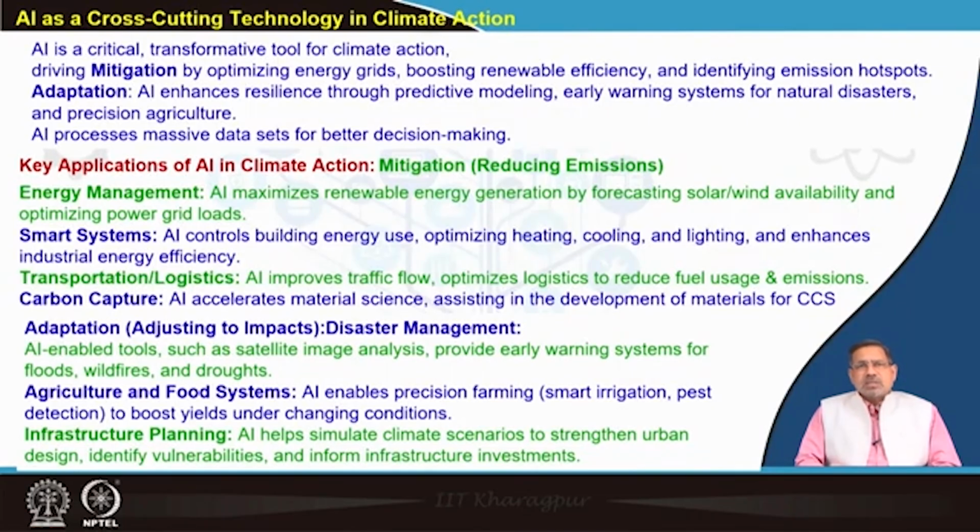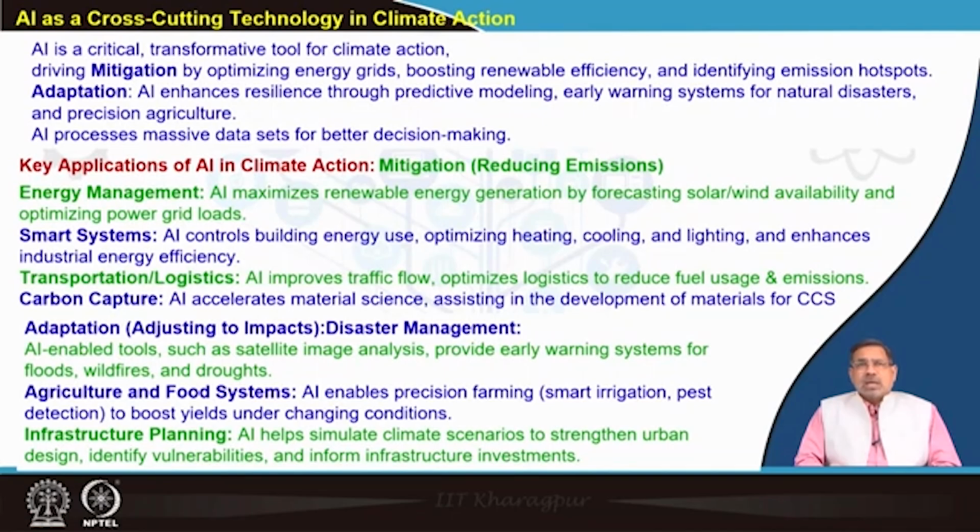As far as adaptation is concerned, AI enhances resilience through predictive modeling and also helps in early warning systems. In the last class, we discussed early warning systems as adaptation tools, so early warning systems for natural disasters and also precision agriculture.